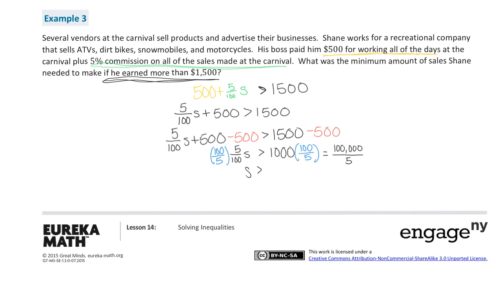Go ahead and type that into your calculator for me. All right, 100,000 divided by 5 is actually going to give me 20,000. So I know that the sales had to be more than $20,000 for Shane to earn more than $1,500.